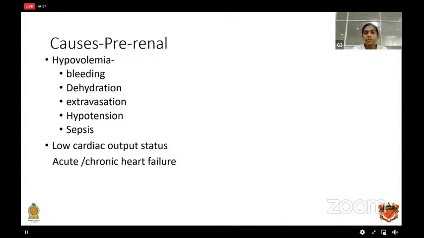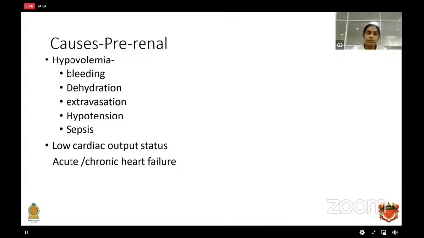So we'll see the pre-renal causes. You can classify them, like hypovolemia. How can hypovolemia occur? Maybe the patient is bleeding, maybe trauma, postpartum hemorrhage, etc. Then dehydration, severe diarrhea, vomiting, or any fluid loss.